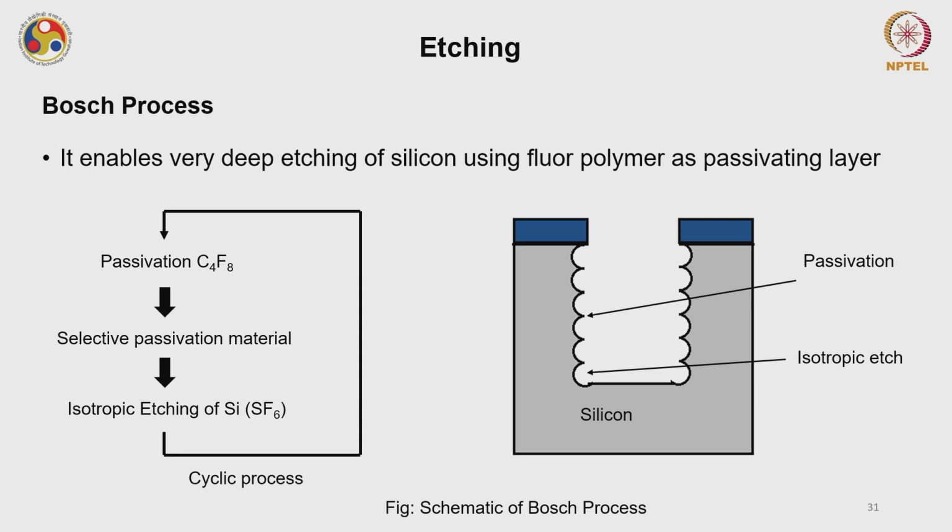The Bosch process is a cyclic process of deep etching, where you use a passivating layer, say for silicon you use C4F8 for passivating, and for etching you use SF6.